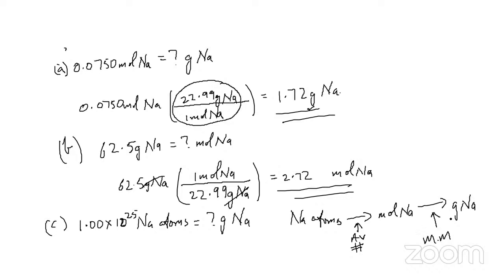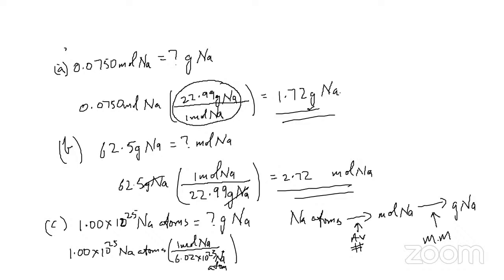So the way you'd actually do that, let me do it down here. You start off with what you're given, 1.00 times 10 to the 25 sodium atoms, and multiply by 1 mole of sodium divided by Avogadro's number, which is 6.02 times 10 to the 23 sodium atoms.